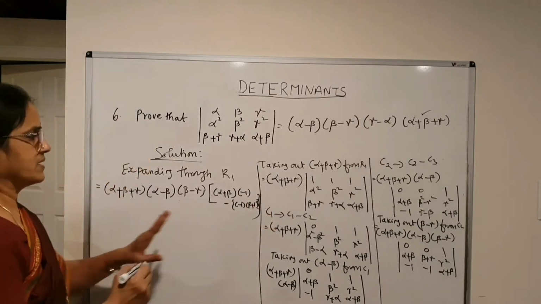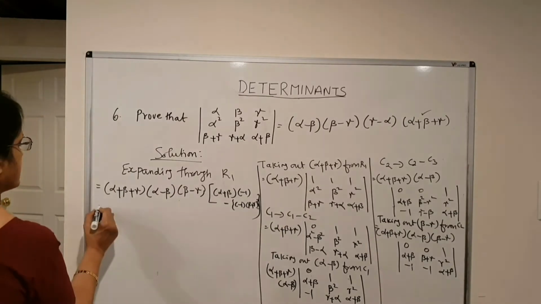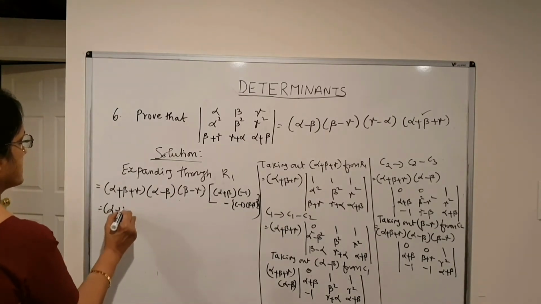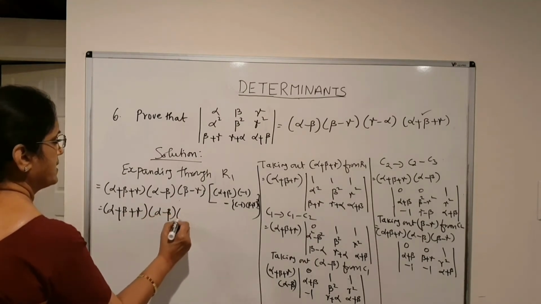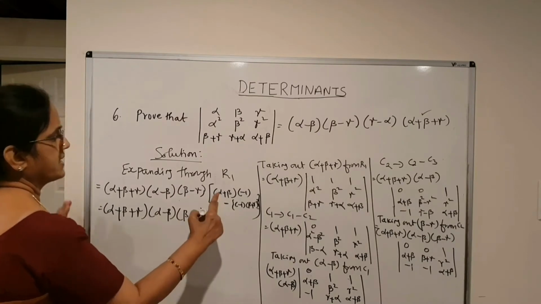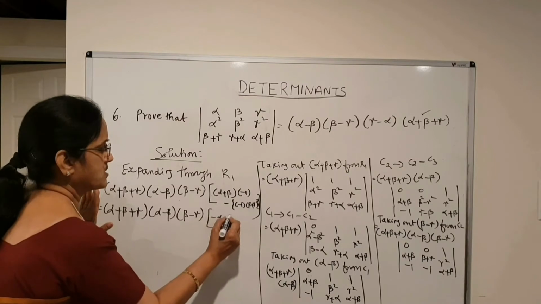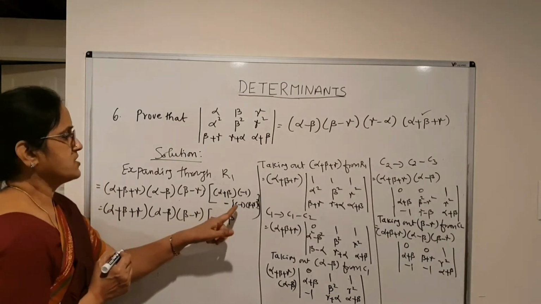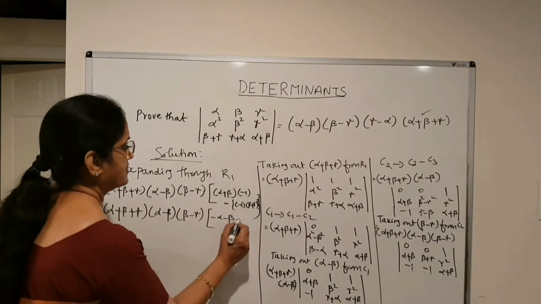This is what I am having. Okay, this is alpha plus beta plus gamma into alpha minus beta into beta minus gamma into, see here, minus sign is there, so let me multiply: minus alpha minus beta. Here, minus into minus will be plus, so I will be having beta plus gamma.